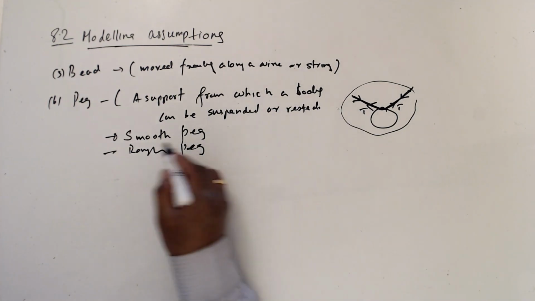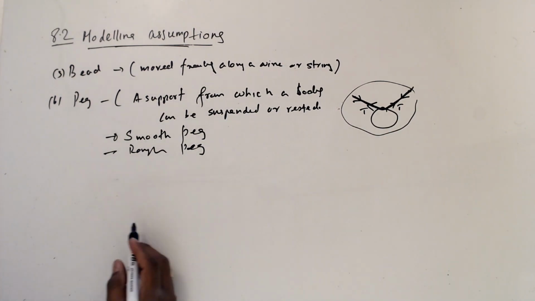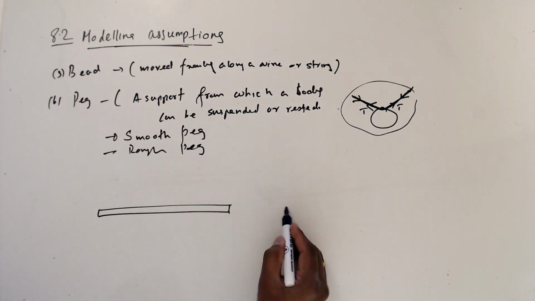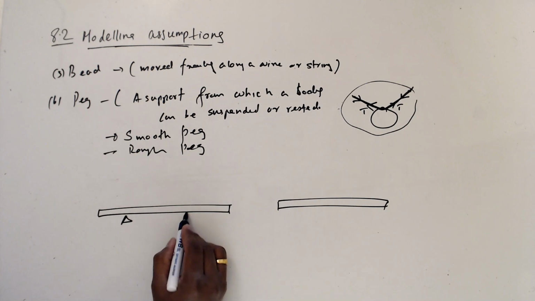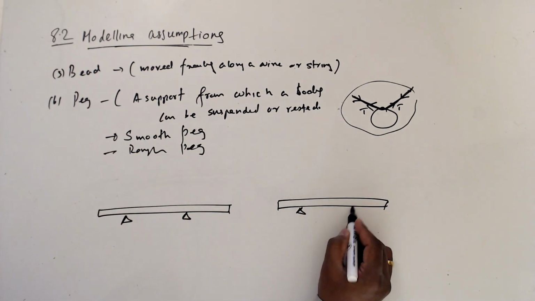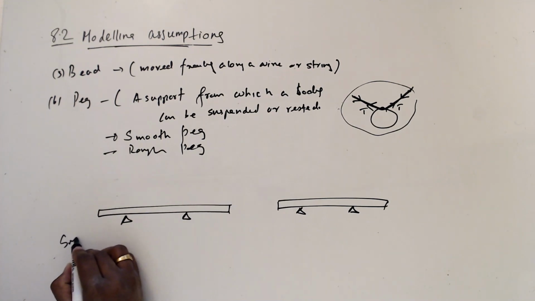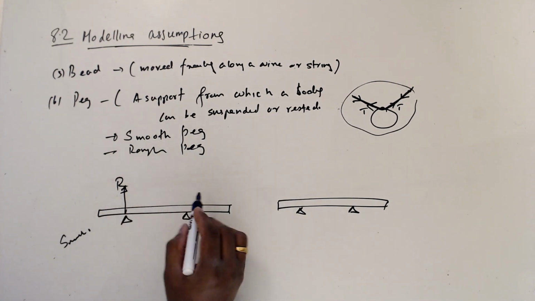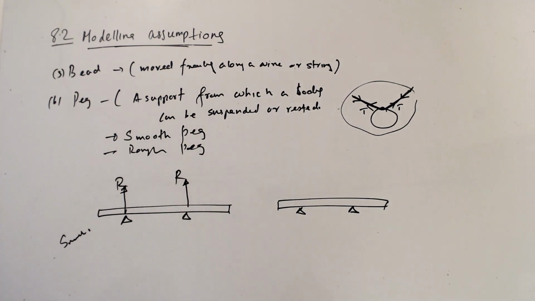And here the word smooth will make the tension the same. Likewise for a peg, what kind of changes does it make? If it is a smooth peg, then the forces, which you will learn as the normal force in the next section, are both the same.